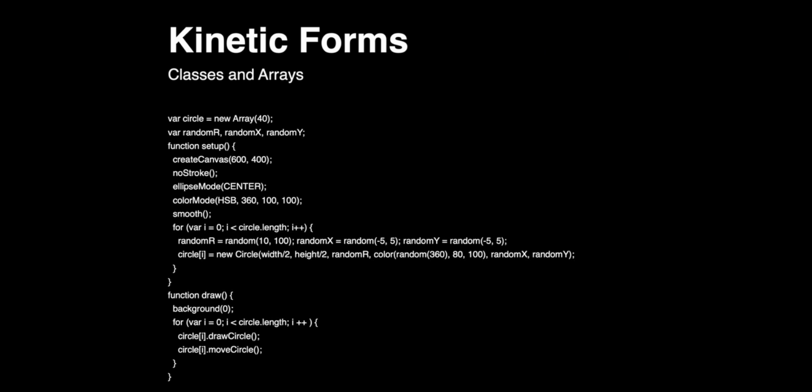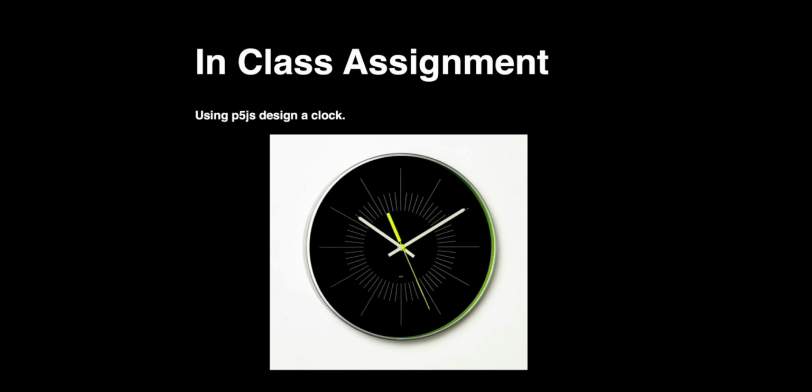And the next thing I want you to work on would be playing around with all these different functions and the draw function to create your own ideally abstract clock using P5.